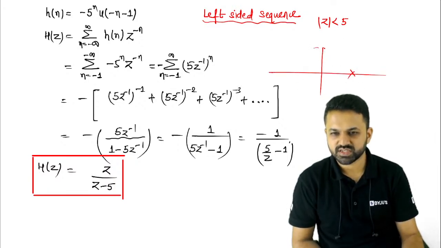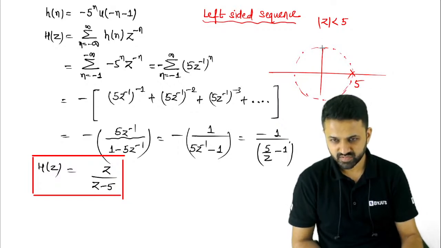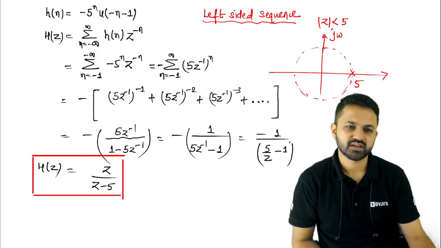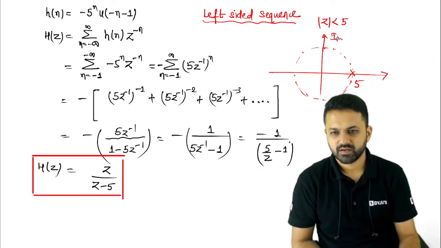So you will draw the circle, and because the region is inside, this is the 5. This is the real part and imaginary part of z. The ROC includes the unit circle.